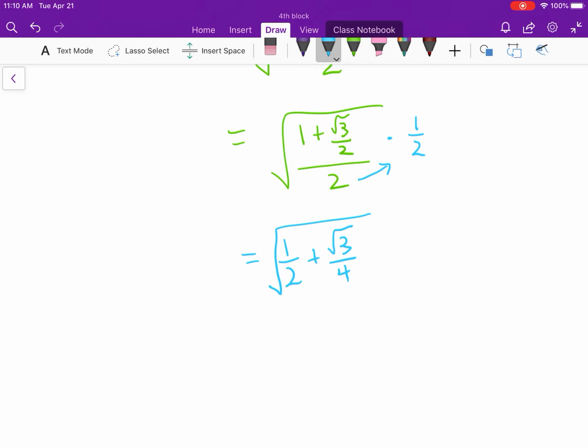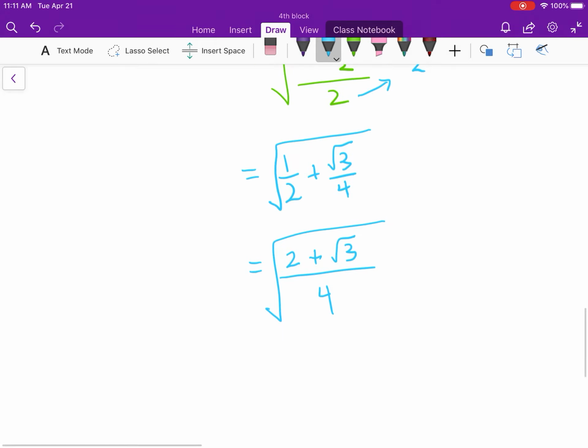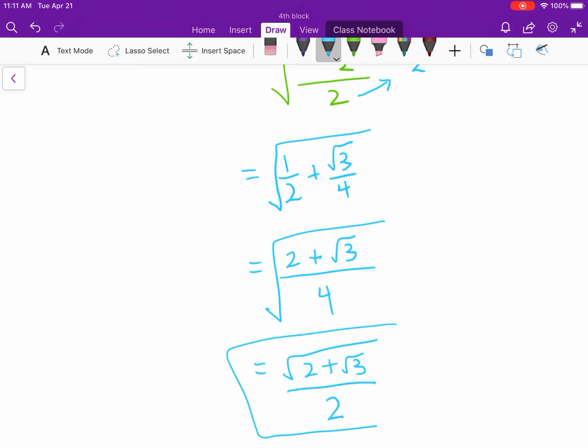Okay. So now I just need to get a common denominator of 4 here. And so 1/2 changes to 2 over 4, and then I leave my radical 3. And when you have the square root of a fraction, you take the square root of the top over the square root of the bottom, which is 2. And so that's your answer.